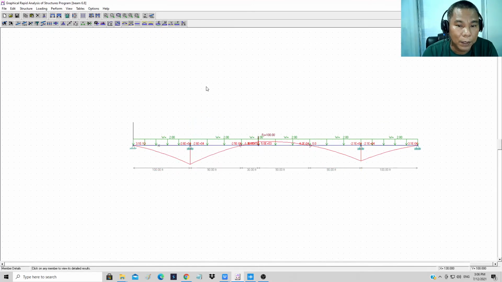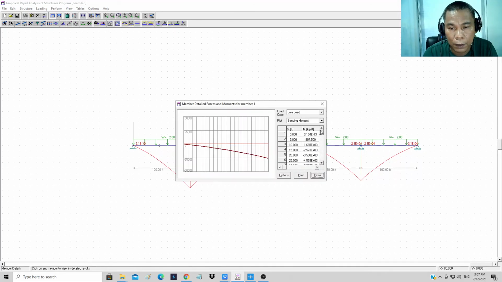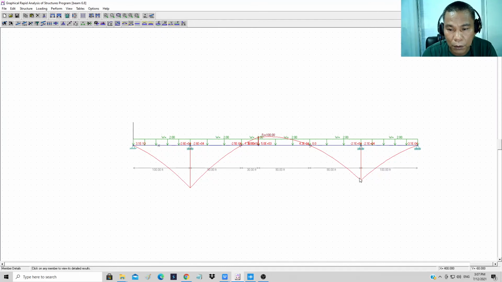Then for the moment, we can have this diagram, and you can show the values also. Here, the maximum value for the moment is 25,650. That's negative. And also here. But take note, at the moment release, the moment is 0.